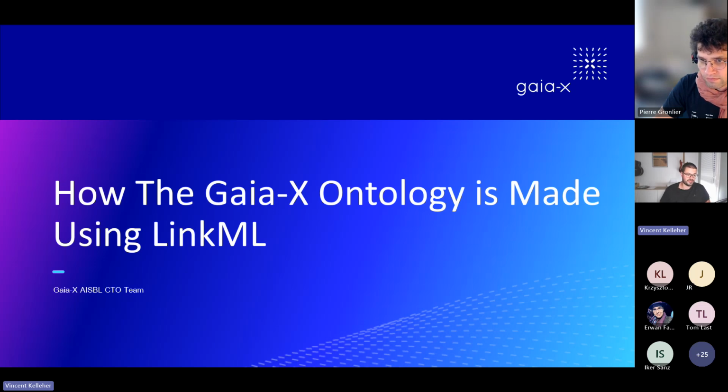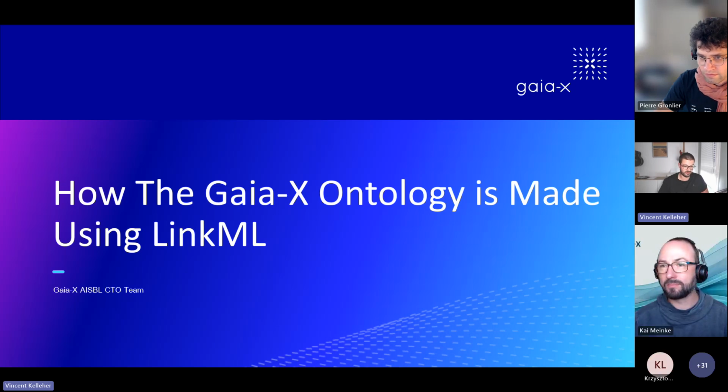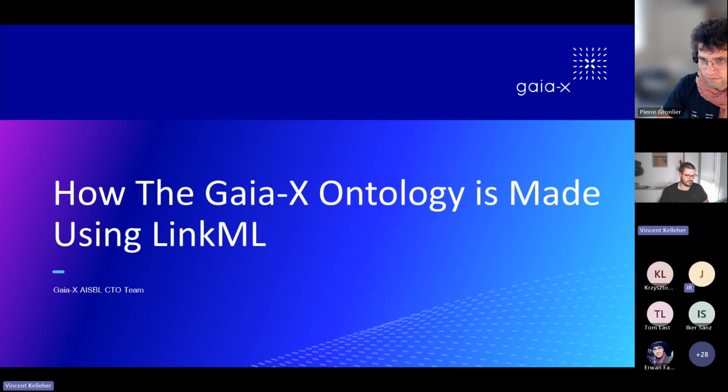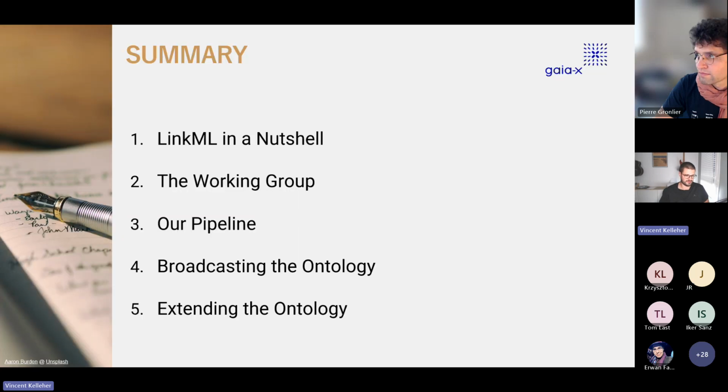So today I'll be presenting some of my work, some of the work of the Gaia X working groups, and how you can use the ontology to extend it and even just have a look at it and understand how it's done. So the summary is pretty simple. I'll present LinkML, which we massively use for generating the ontology.